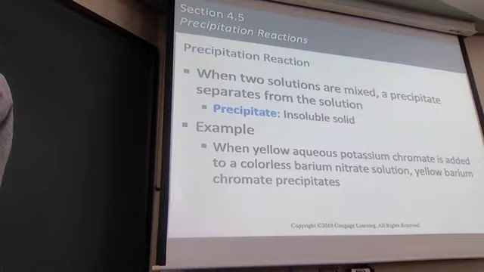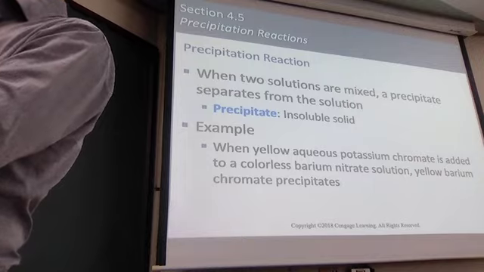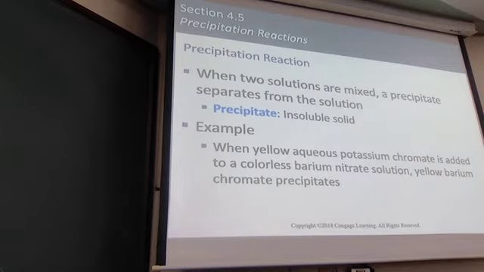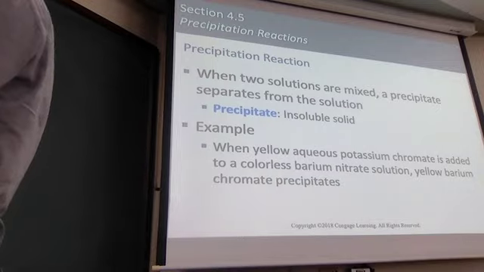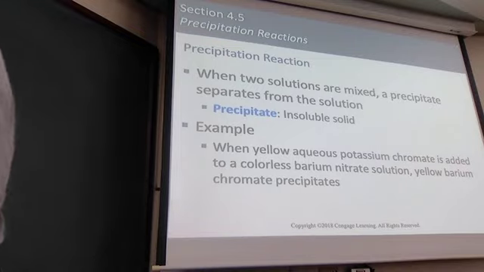So when you combine solutions, precipitates can also form. Example here, you add yellow aqueous potassium chromate to a colorless barium nitrate solution. So in this case, it will form barium chromate. And this one would be basically barium chromate.